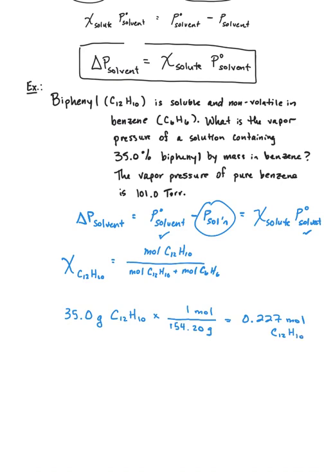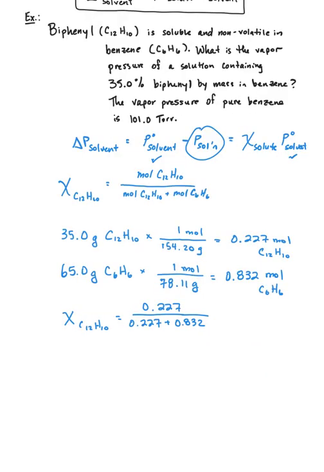If 35 grams worth of this solution were C12H10 and the solution has a total mass of 100 grams, then that leaves, by law of conservation of mass, 65 grams of our solvent benzene left over that we can likewise convert into moles by dividing by its molar mass, which is 78.11 grams per mole, giving us 0.832 moles worth of benzene. Plugging all of that into our mole fraction formula, we end up with a mole fraction of our solute of 0.214.